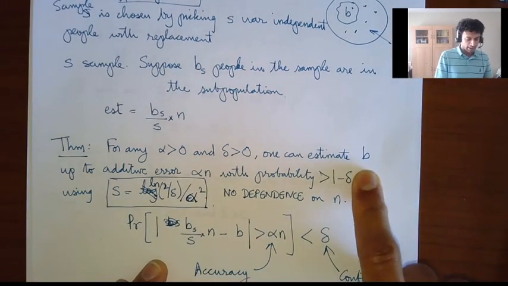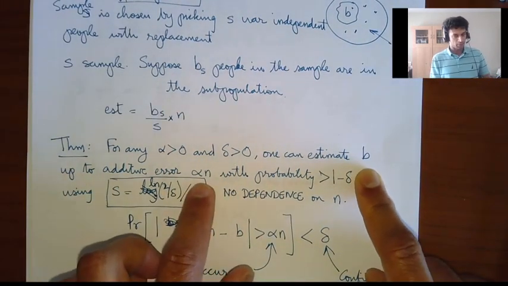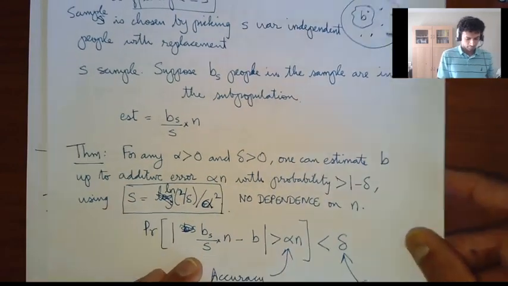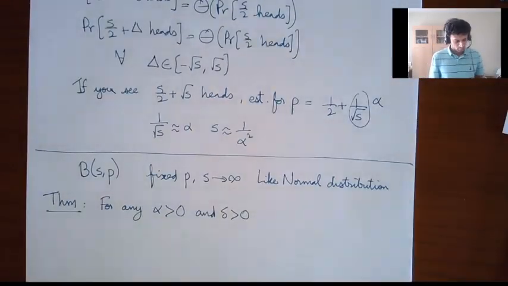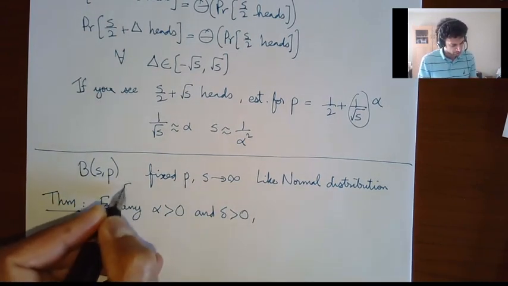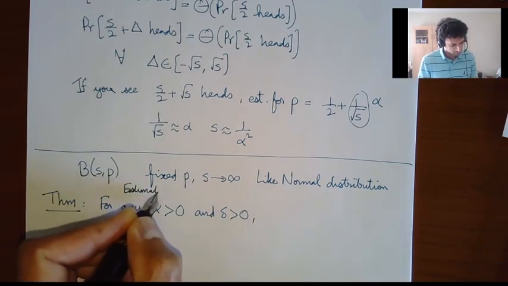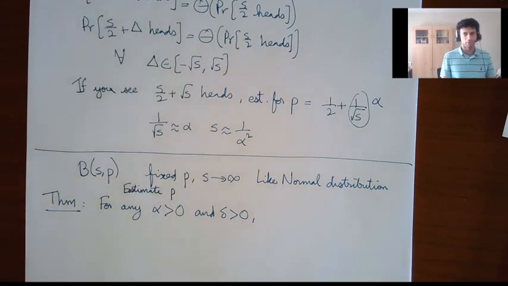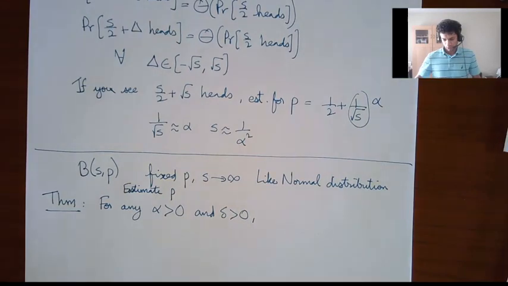And I said I want to estimate p up to an additive error alpha. I'm in this binomial situation, right? My aim is to estimate p. I'm basically doing parameter estimation for the binomial, which is really this subpopulation estimation problem.